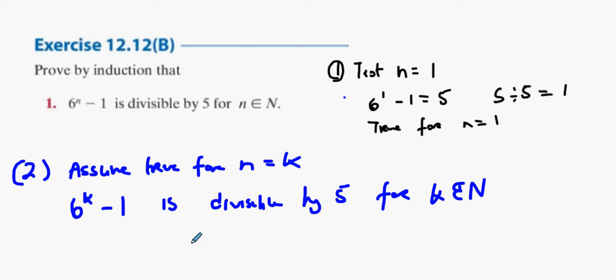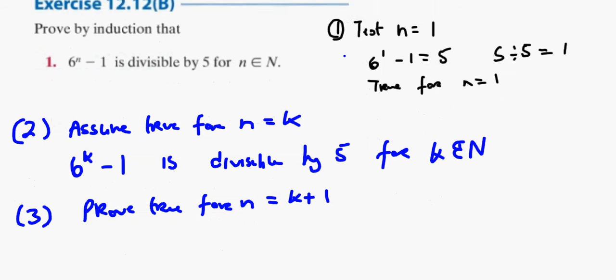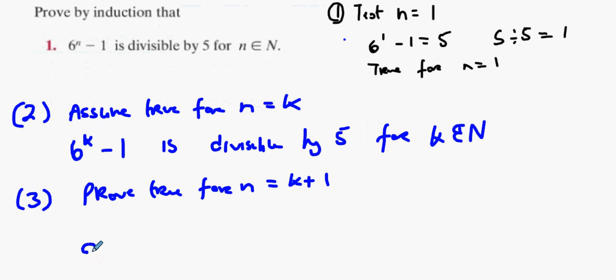Alright, now what are we going to do for part 3? Prove true for n equals k plus 1. Alright, so what is it this time? 6 to the power of, anybody? Take away 1.